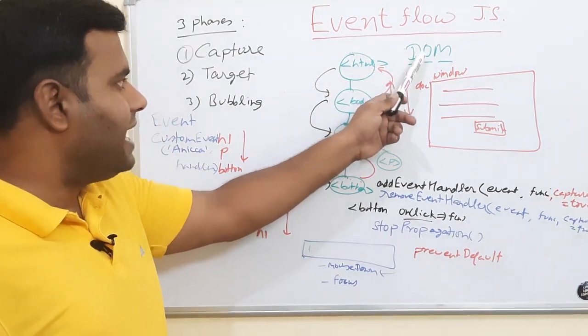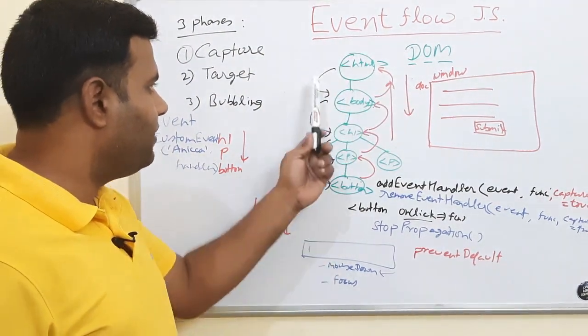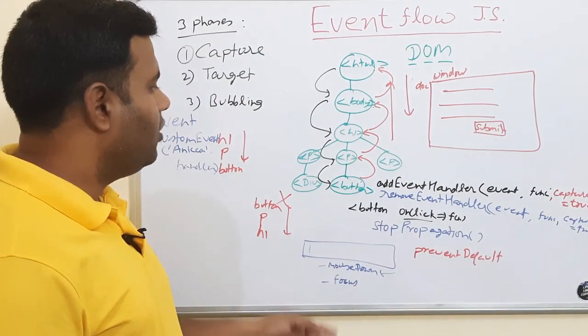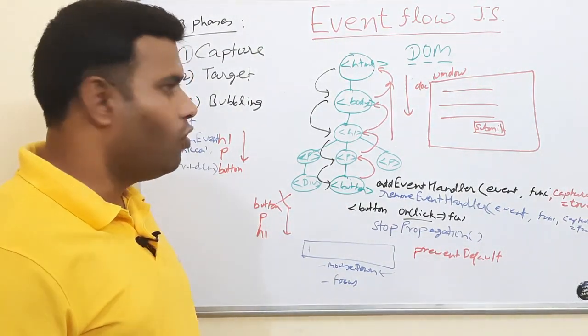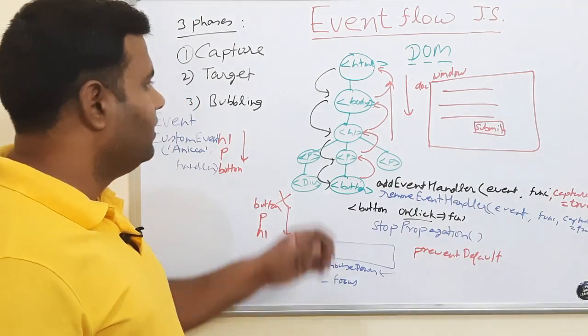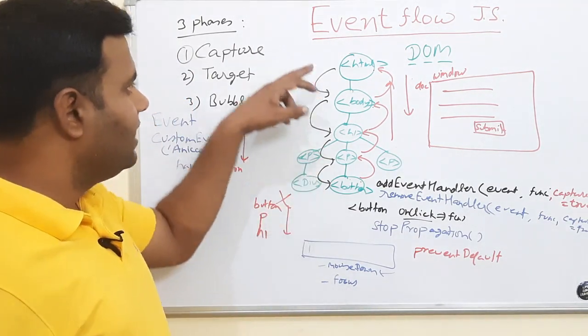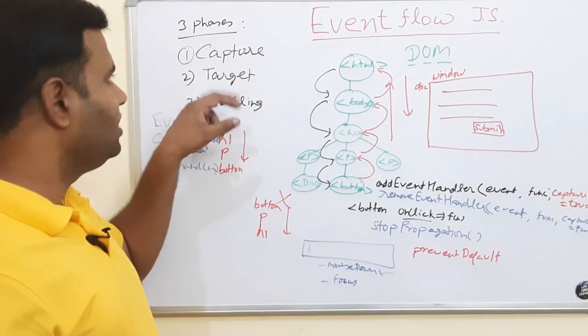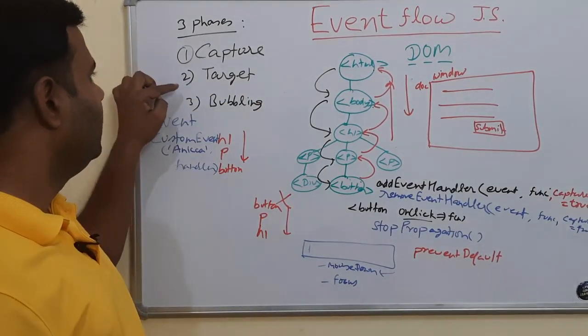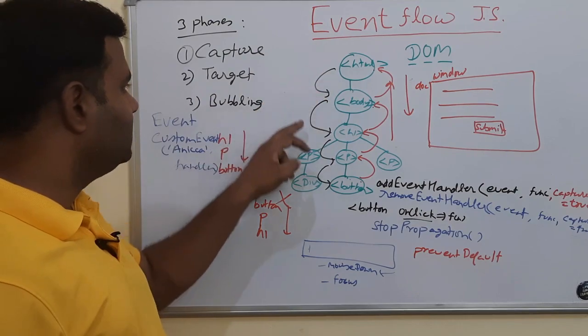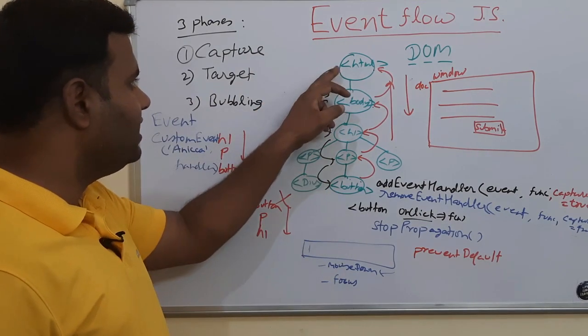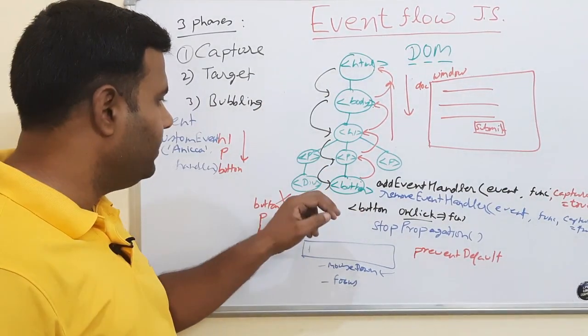A web page has a DOM which will have its own structure, and on any element, if you want to click or do some operation on hover, there can be different types of events, and all the events will go through three phases. One is called capture, second is target, third is bubbling. Capture is the event going to that particular target element.